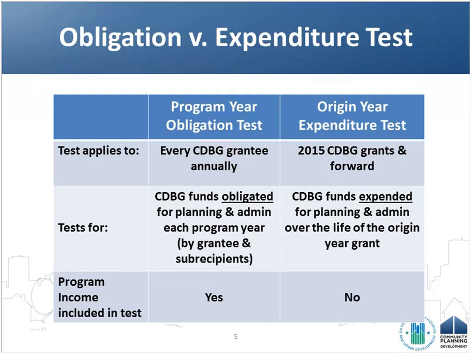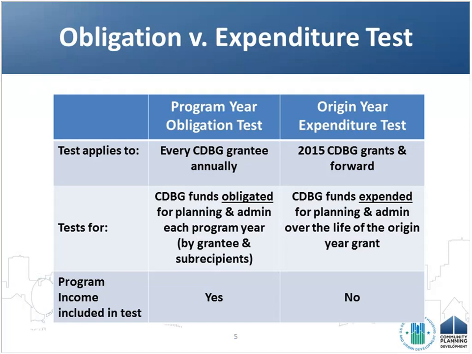What is the difference between the obligation test and the expenditure test? The obligation test applies to a single program year and every program year annually, while the expenditure test does not limit it to a single program year. It applies to the lifetime of a grant.